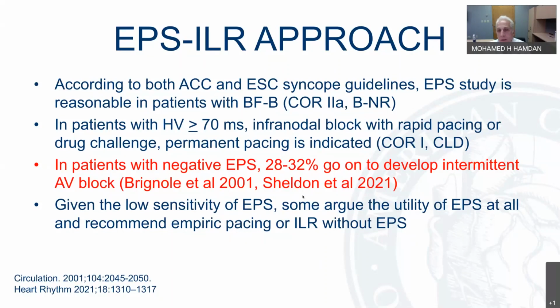The problem is, of patients with a negative EP study, a significant portion, up to 32%, will go on to develop intermittent AV block. So given the low sensitivity of EP studies, some argue, why do an EP study at all and move forward directly with empiric pacing or ILR without an EP study?